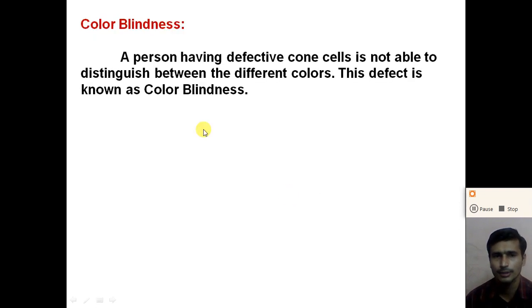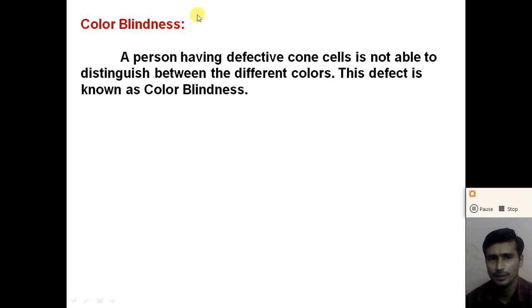Now sometimes a person has defective cone cells on the retina. We know that on the retina there are two types of cells, rods and cone cells. Rod cells detect the intensity of the light while the cone cells detect the color of the light incident on it, right?